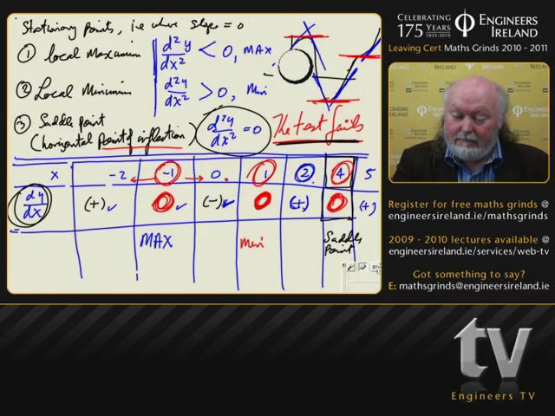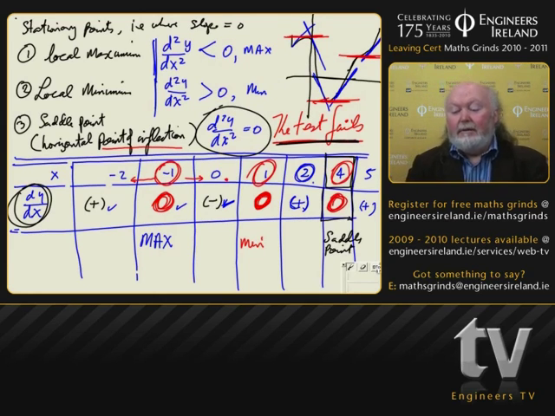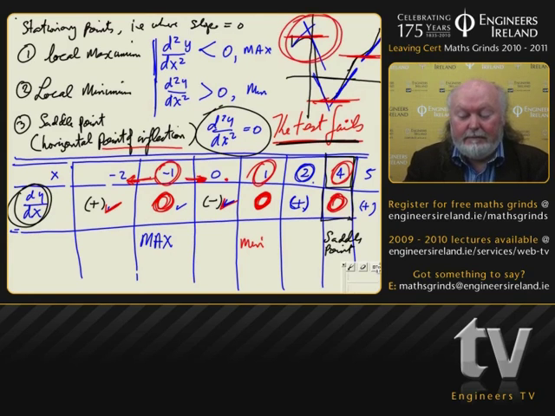Make it more real for you, you go one below the value, you go one above the value. When you go one below, we found a plus slope, one above it we found a minus slope. So we're looking at this type of condition. So that's a max.